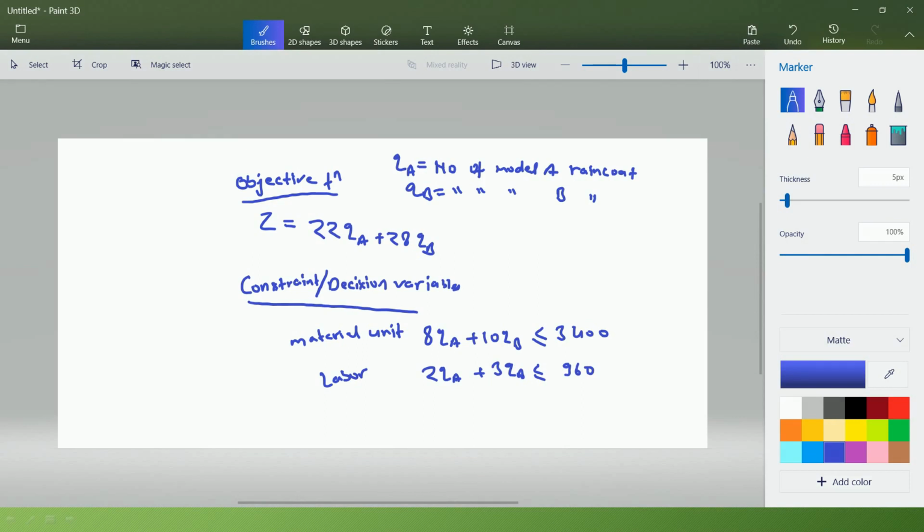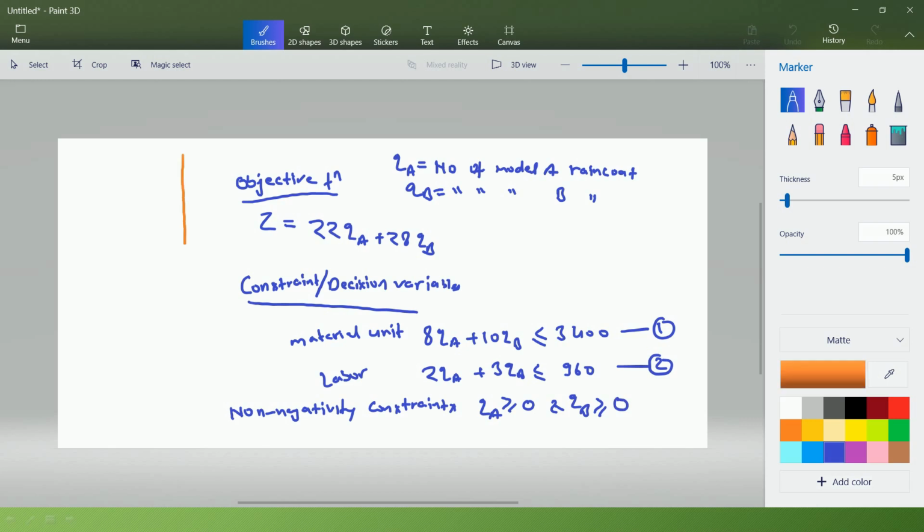So these are your constraint equations, which is equation 1 and equation 2. Now we also have to add the non-negativity constraint. That means QA should be greater than or equal to 0 and QB should be greater than or equal to 0. So this is your problem formulation. Okay.